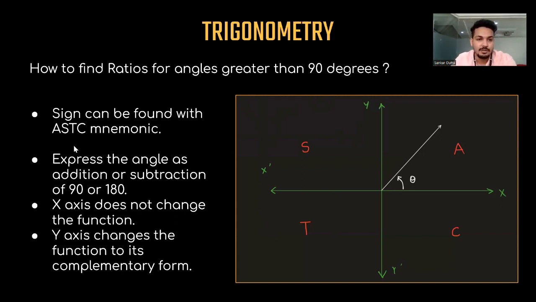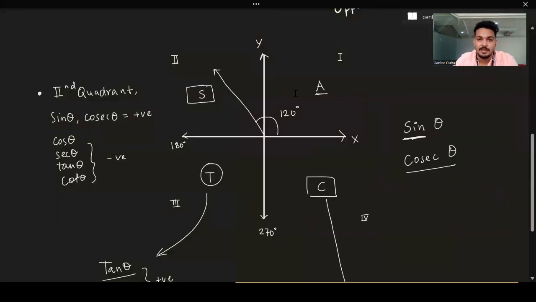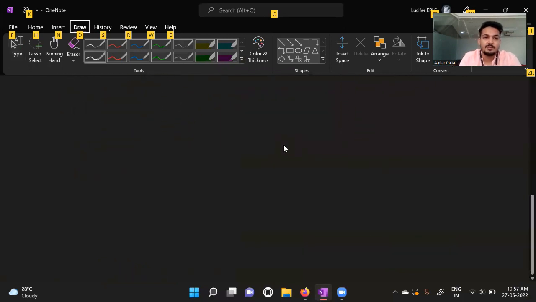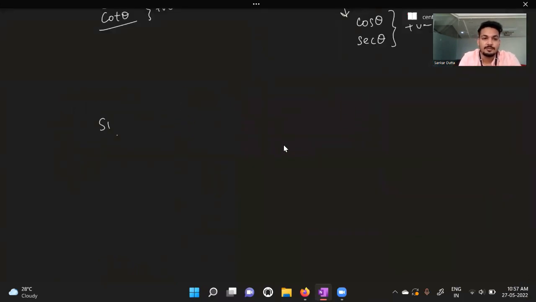Okay. So the next step in finding this is to express the angle as an addition or subtraction of 180 degrees, right? What I mean by that is this. The example was to find sine of 120 degrees.